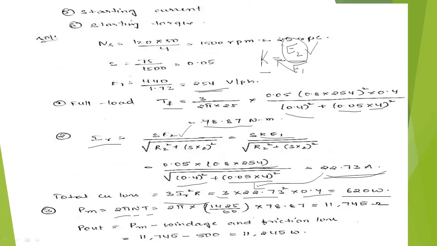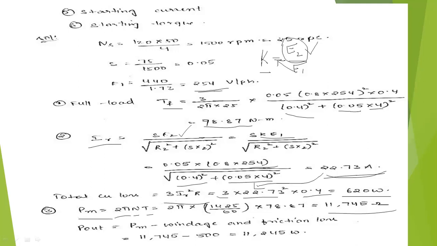Torque we have calculated 78.87. So this is the power at the rotor, PM.